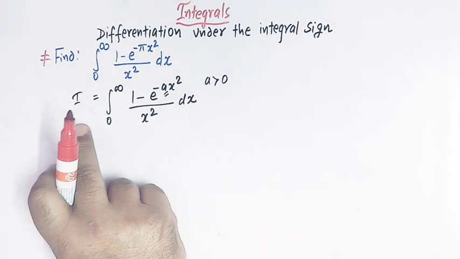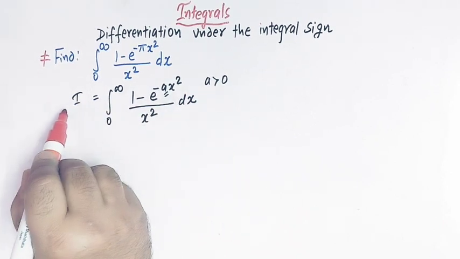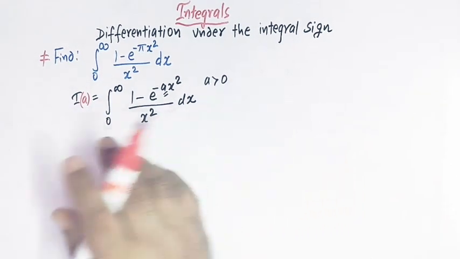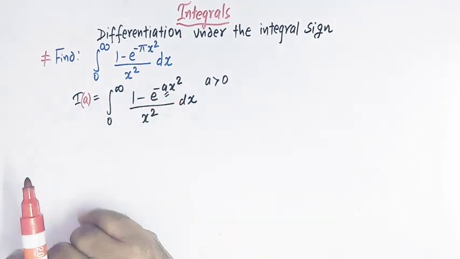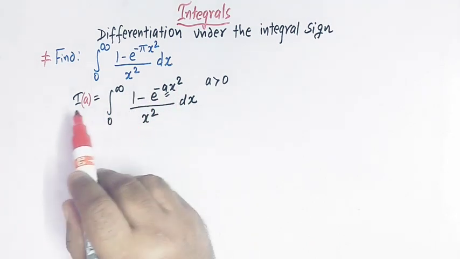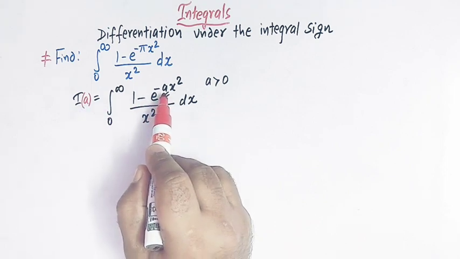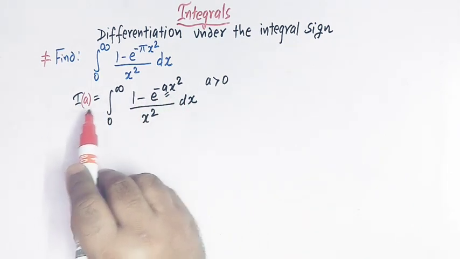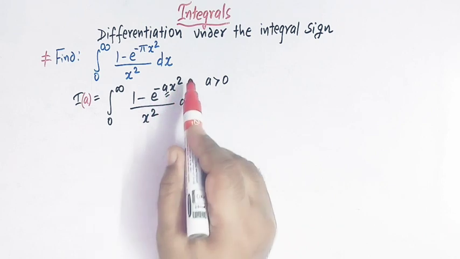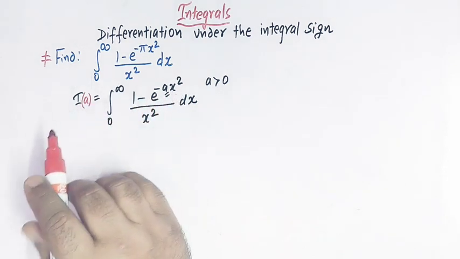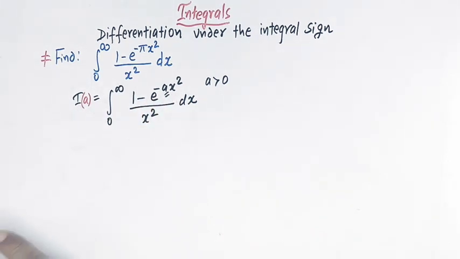Now see, we will start with this integral, and this integral is a function of a. While applying the method of differentiation under the integral sign, we take the integral as a function of the variable which was introduced. So here a is the variable. Now we'll differentiate this integral with respect to a, keeping x as constant, so it implies that we have to make use of partial differentiation.